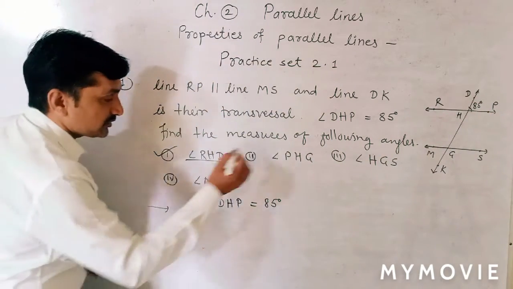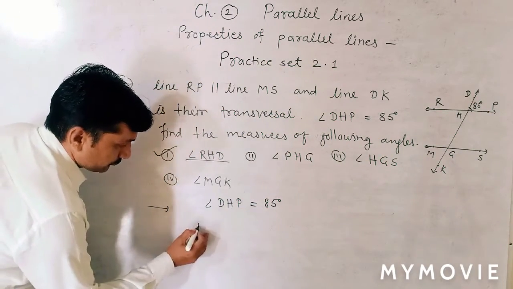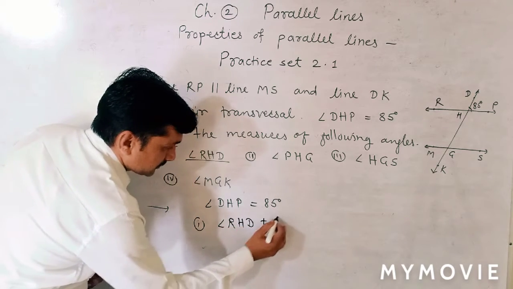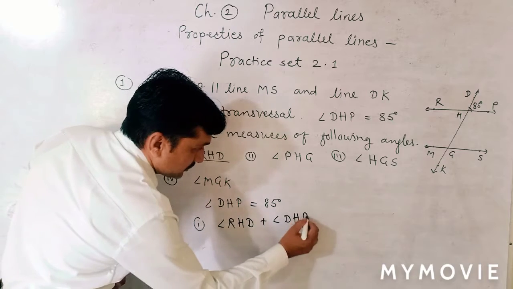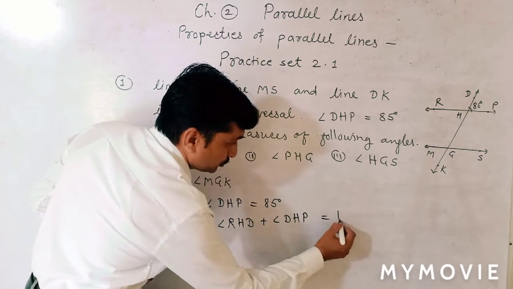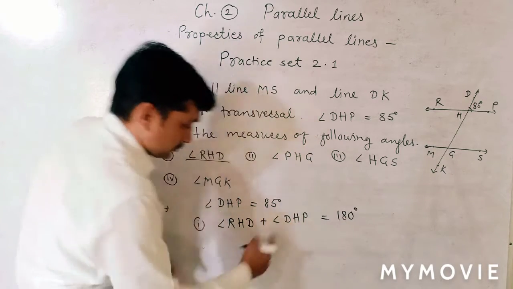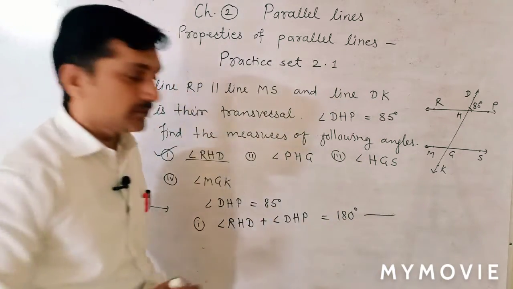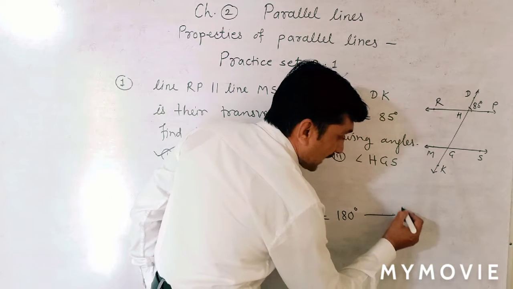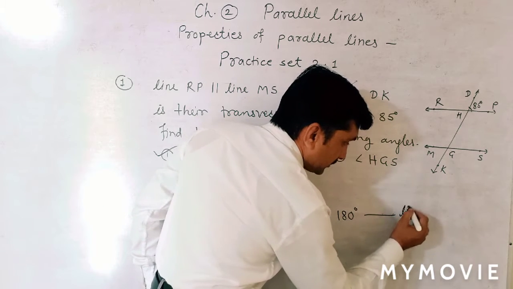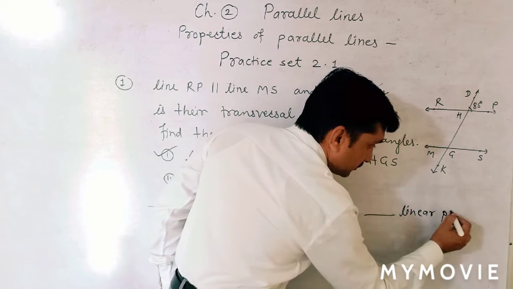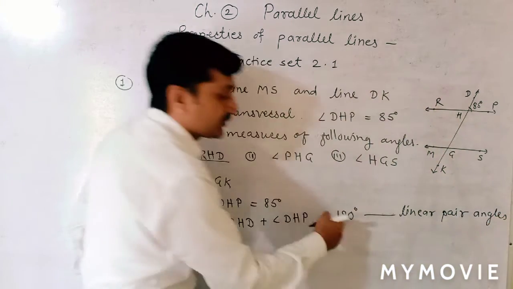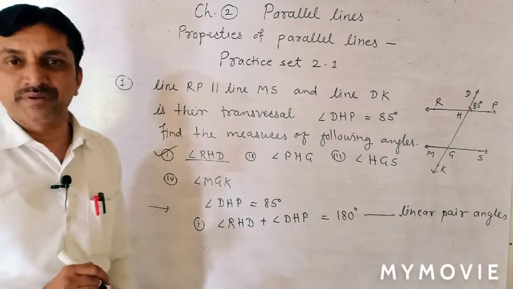By this property, let's find RHD. First number I give here: angle RHD plus angle DHP is equal to 180 degrees. Sum 180. And here we have to write the reason. Why? Because they are angles in linear pair. That's why their sum is 180. The reason is a must.